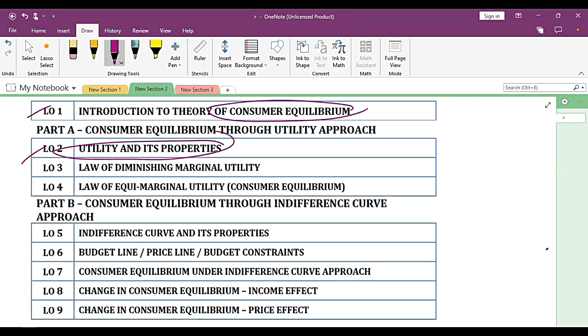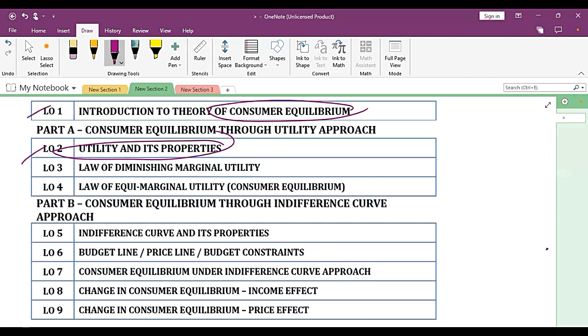The second learning objective is utility and its properties. What is utility? Utility is the satisfaction or the relaxation level that is obtained through the consumption of any good. For example, if you take Pepsi, the desire that arose before drinking Pepsi, that we want to cool our mind or cool our stomach, is fulfilled.